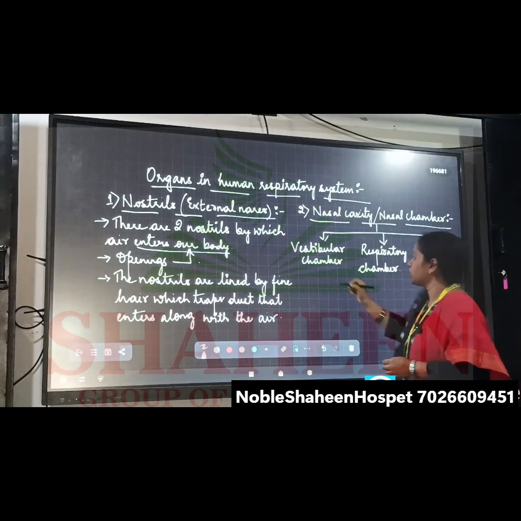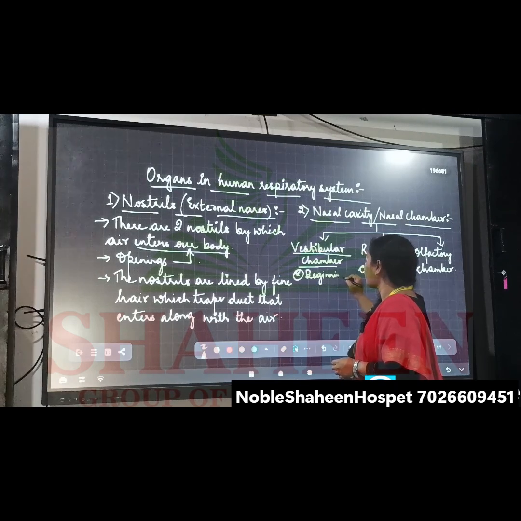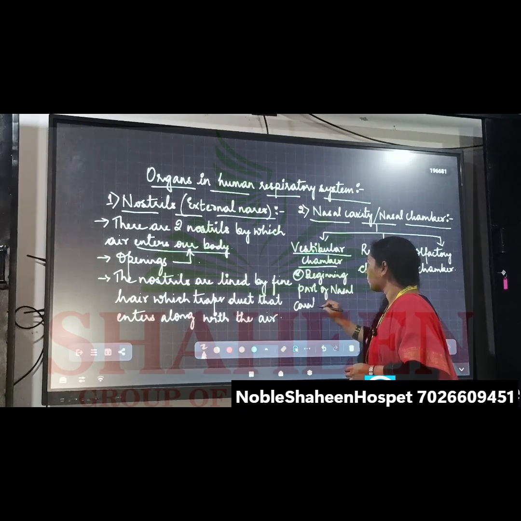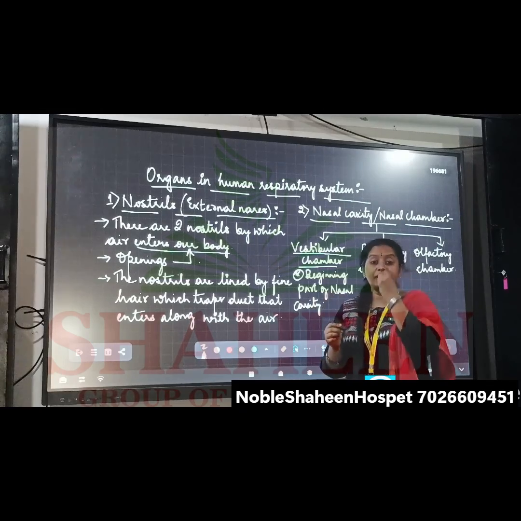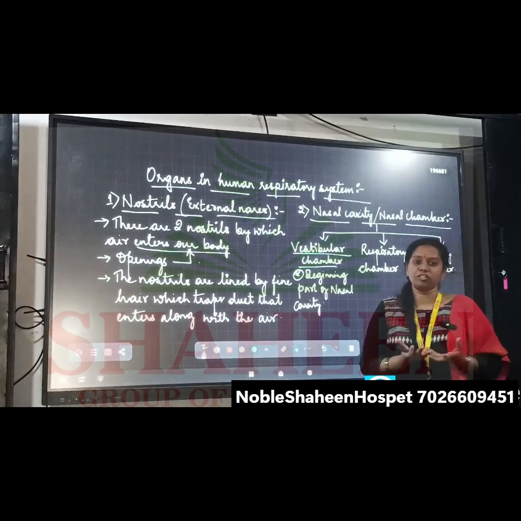What is this vestibular chamber? The vestibular chamber is the beginning part, the first part of the nasal cavity. So the front region of the nasal chamber is called the vestibular chamber.